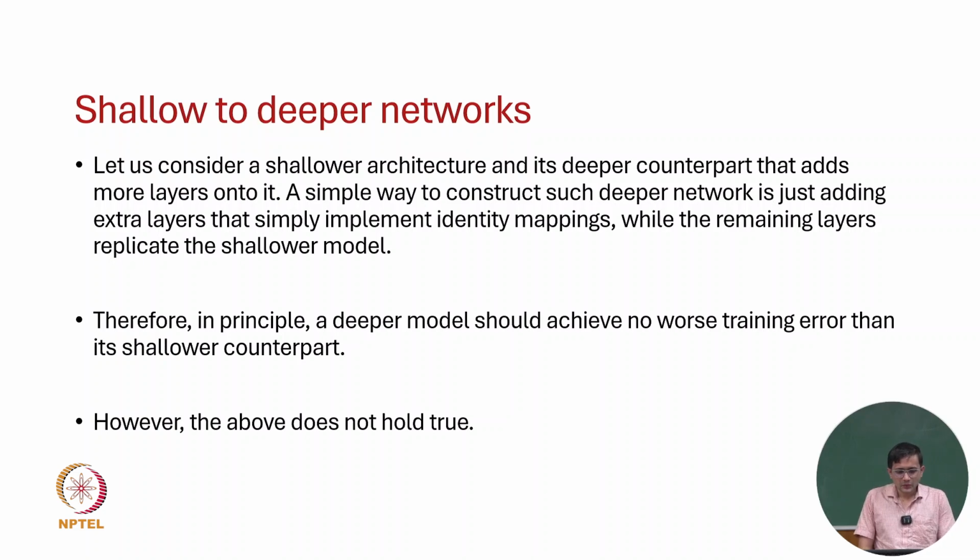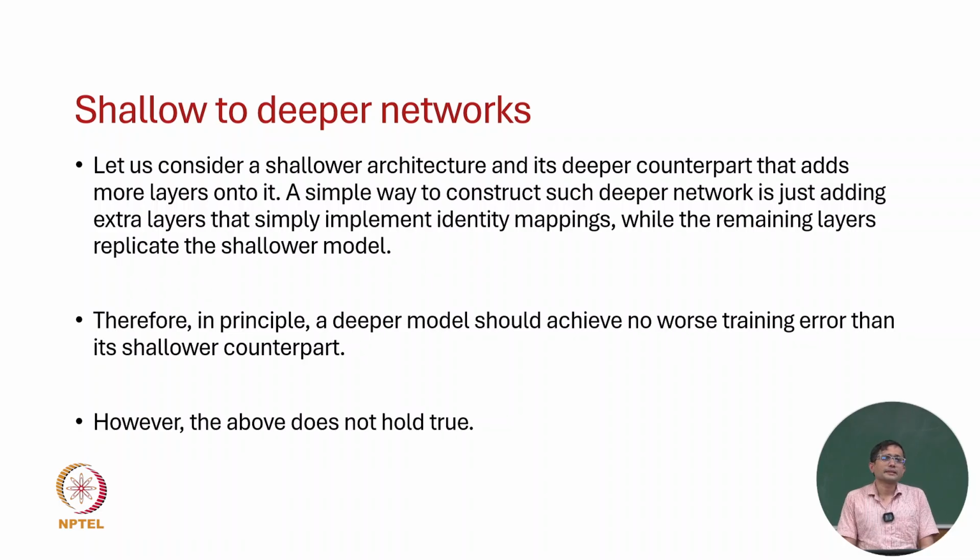Consider a shallower architecture and its deeper counterpart that simply adds more layers onto it. A simple way to construct such a deeper network would be to add extra layers that simply implement identity mappings, while the remaining layers replicate the shallower model.